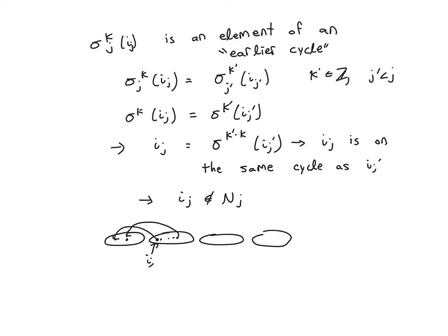And this element was specifically defined to be in this leftover set. So you run into a contradiction because you specifically chose i_j to be in here to begin with. Ergo, it must be the case that every element in this cycle is not in the earlier set, which is what I wanted to show.